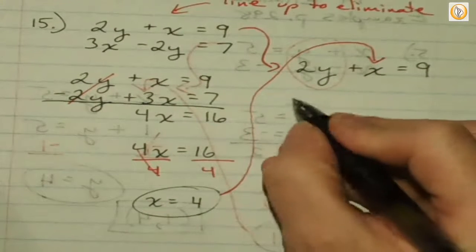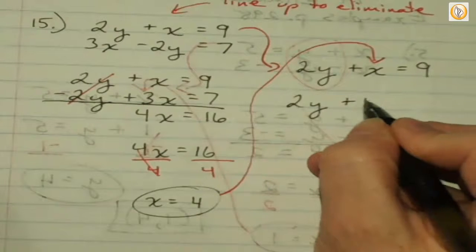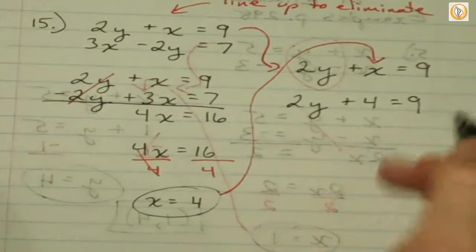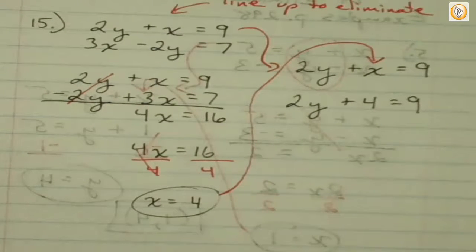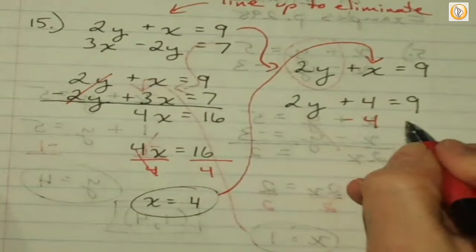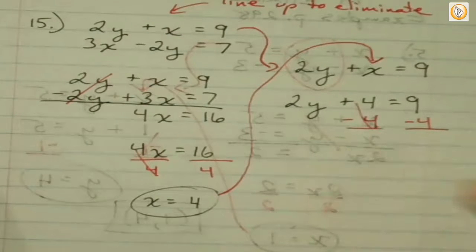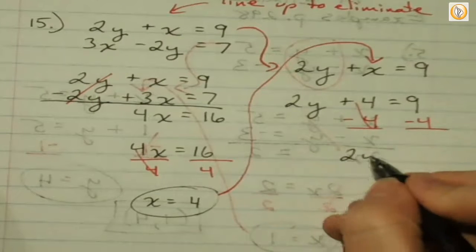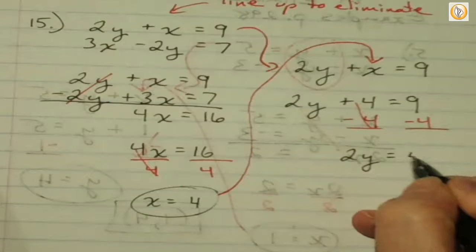So I have 2y plus 4 equals 9. Cecilia, what do I do? Subtract the 4 on both sides. 2y equals 5.